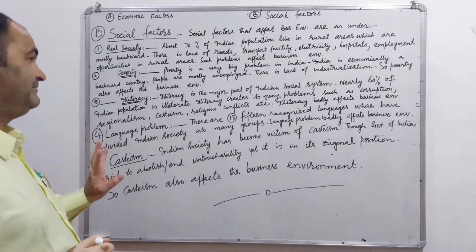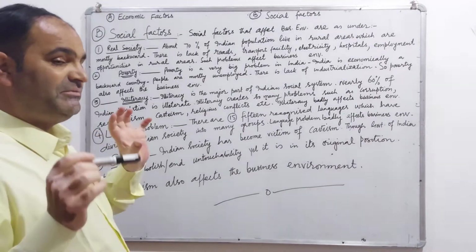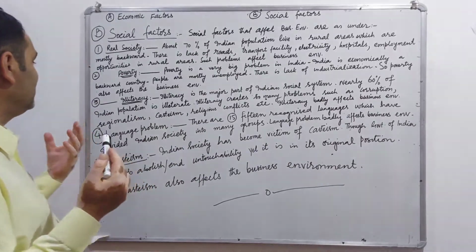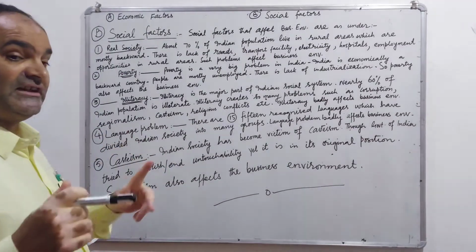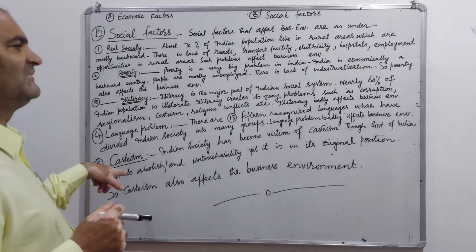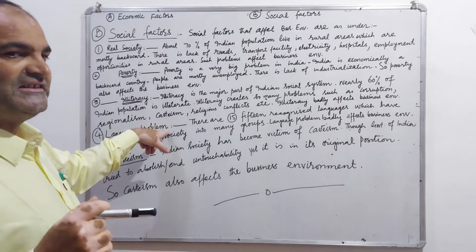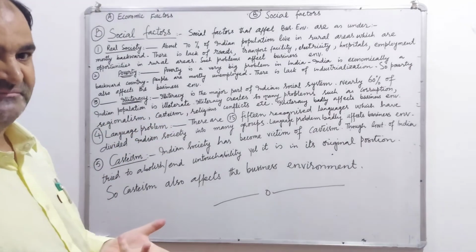Dear students, when 50% above the population is illiterate, what can we expect from them? There can be ignorance among the societies. This illiteracy can create problems like corruption.